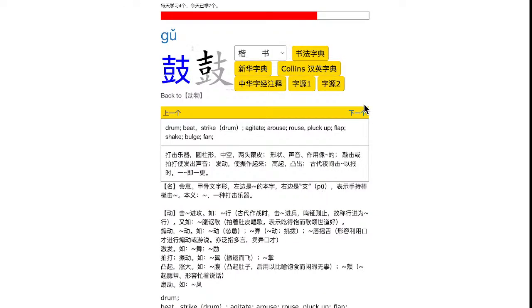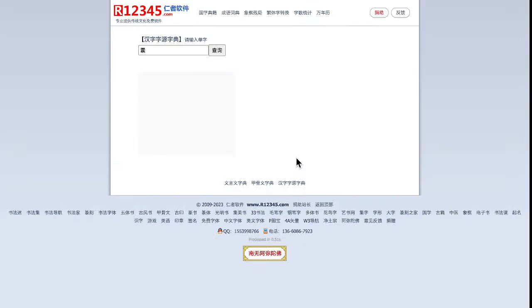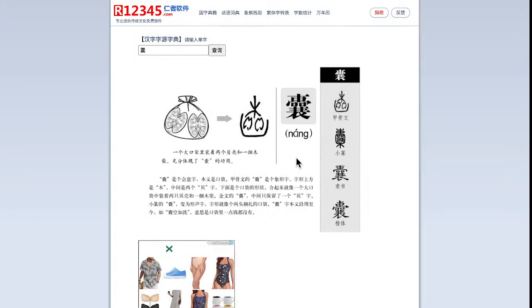Okay, this is 囊. 囊 means 口袋, basically a bag, a pocket, or anything like a bag. All right, so when you look at this character, it seems rather complicated, right? But it really means what it means.